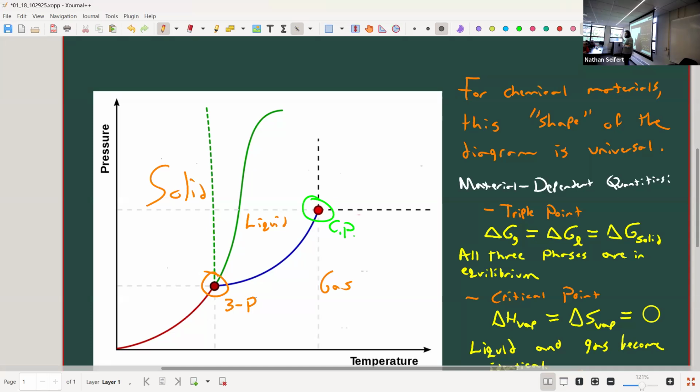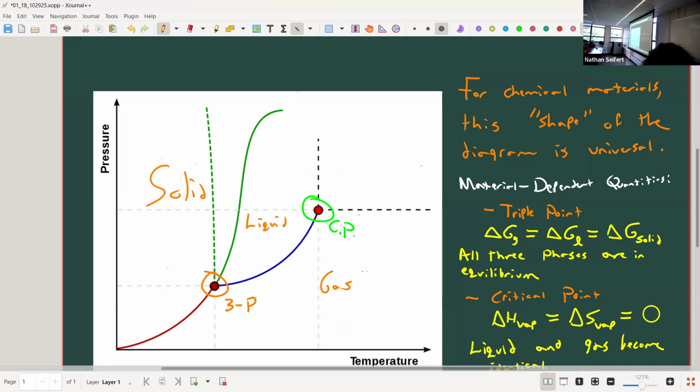But solids, we don't have that luxury. I argued to you last class that the enthalpy change from a liquid or a gas to a solid is not equal to zero, regardless of the temperature or the pressure you're at. There is no critical point for solids because solids have a different symmetry. They're anisotropic. They don't have the isotropy where everything looks exactly the same at all locations that a liquid and gas does. So this line, the solid line, continues on for infinity.